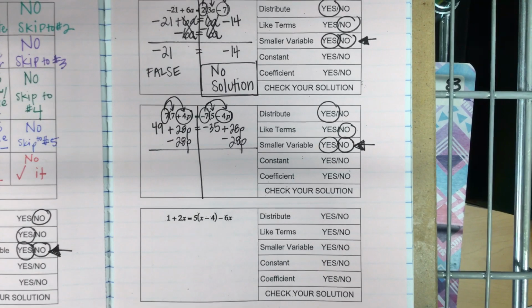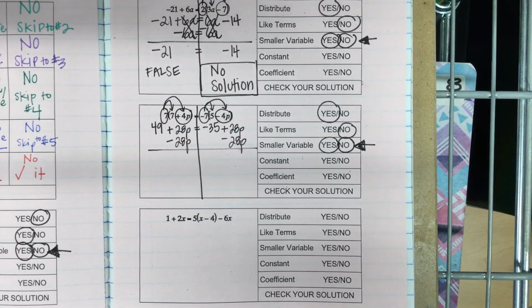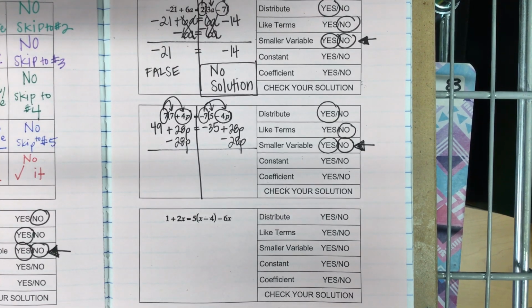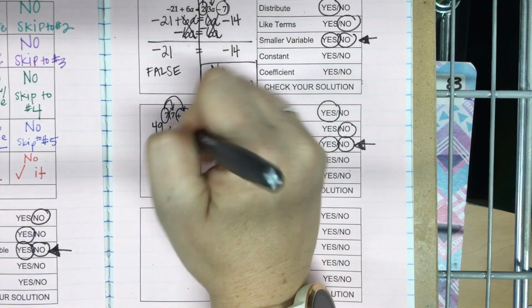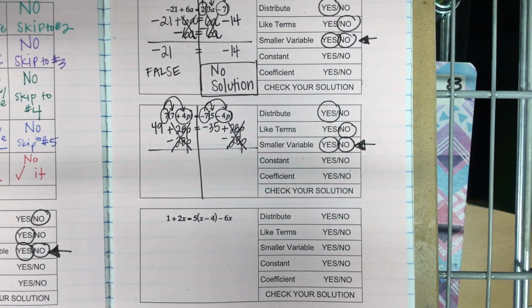And what am I left with? I'm left with 49 equals -35. Is that true or false? So what's my answer?